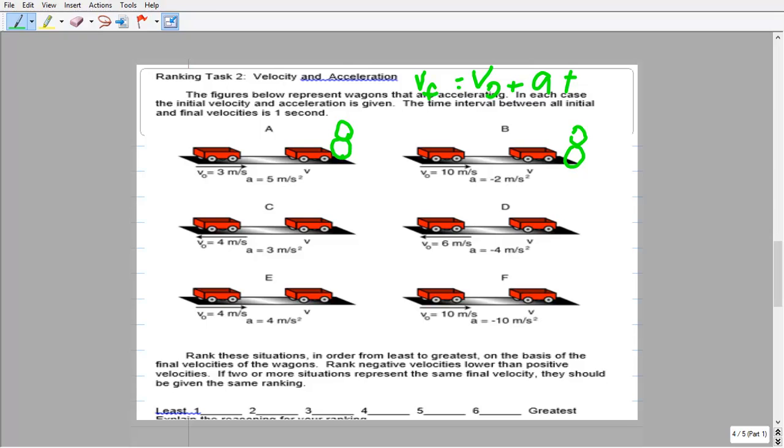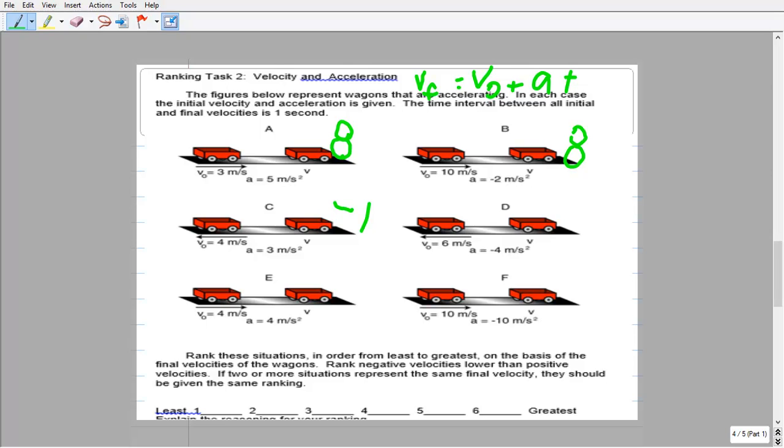I'm moving to the left, and my acceleration is positive 3. So I need to add 3 meters per second to my velocity in 1 second. So I start out at negative 4, but I add 3 meters per second, so I wind up at negative 1 after 1 second. In D, I start out at negative 6, because again I'm going to the left. Notice there my acceleration is also negative. So to that negative 6 I need to add another negative value.